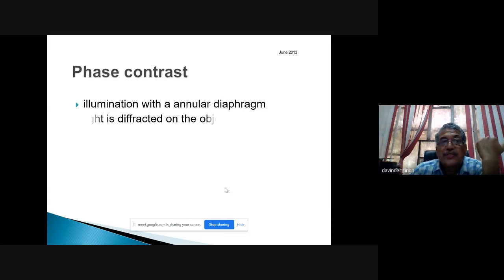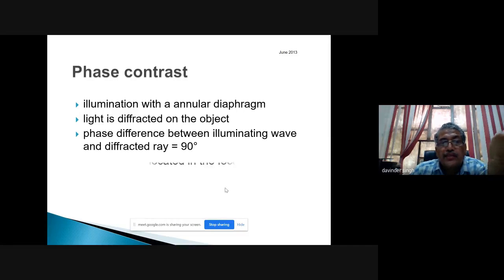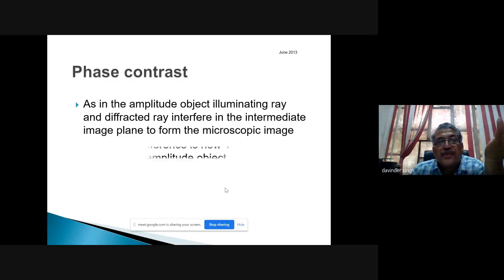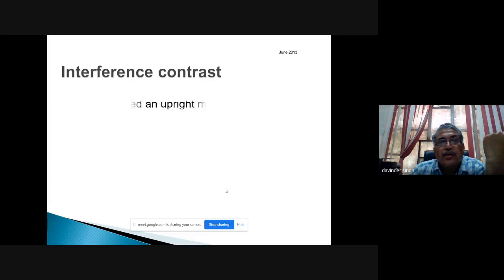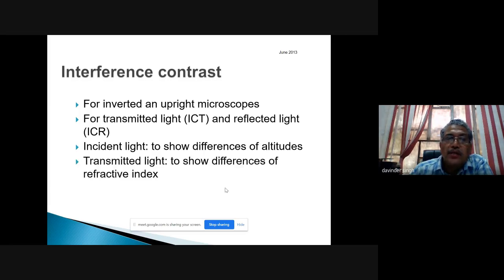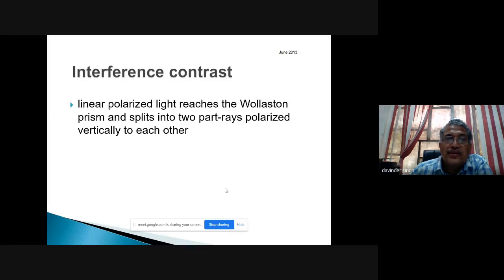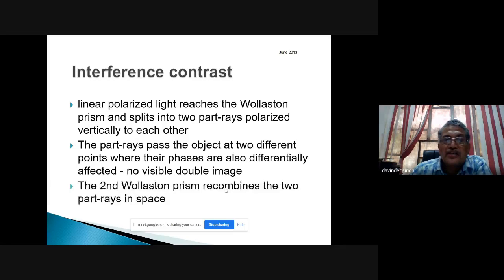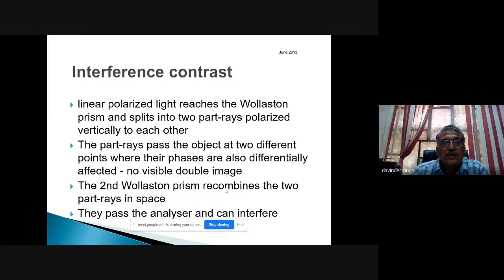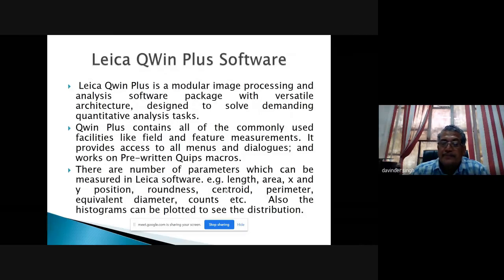Then phase contrast, another method we have, for different types of samples. And similarly interference contrast we have for inverted and upright microscopes. We have transmitted light and reflected light both. And interference contrast means the different prism, how to use this and get a better image.